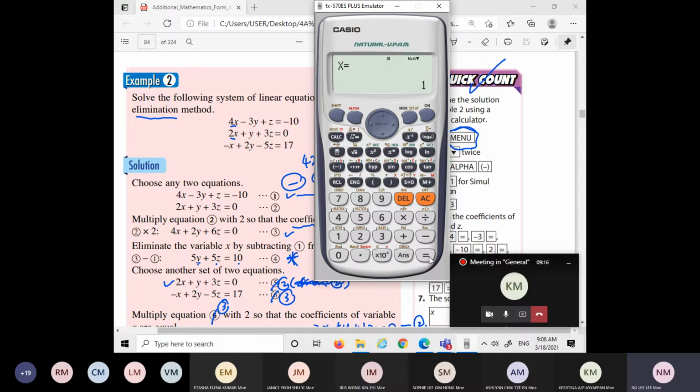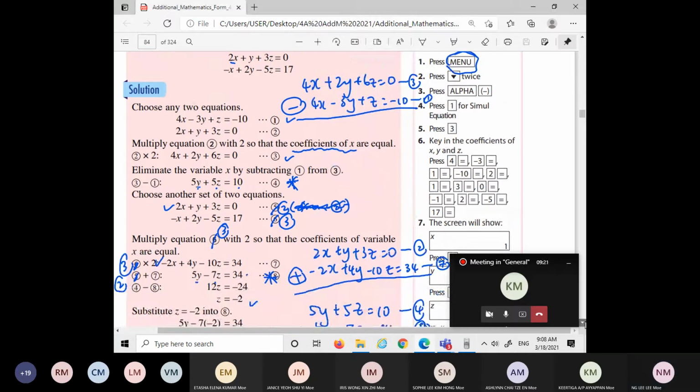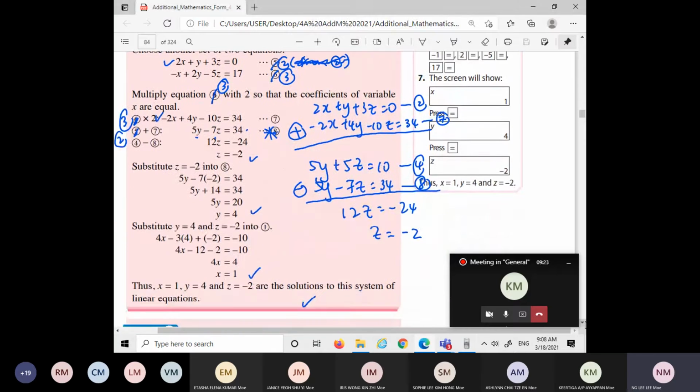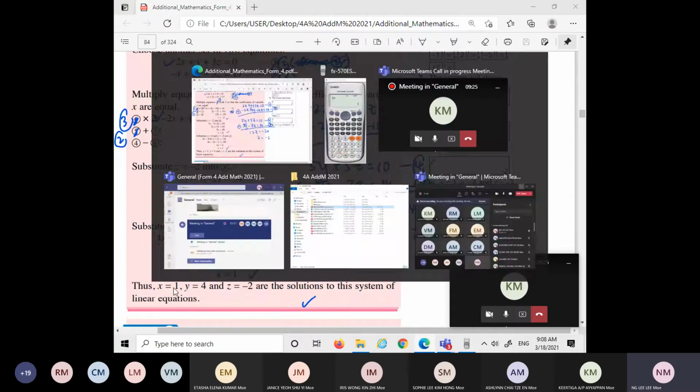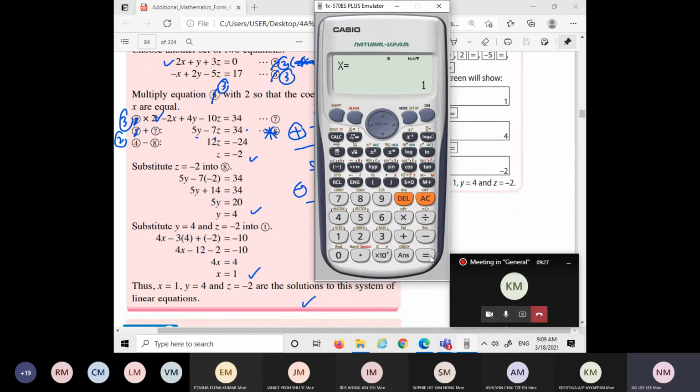Okay, so this is the x. Here you get x as 1. Let us check the answer here. Correct, x is 1. Then you press equal again. y is 4, also correct. Then press equal again. Then z is -2. So you can use the calculator to help you check the answer, but do not use the calculator to get the answer and then give me the answer only without the working.